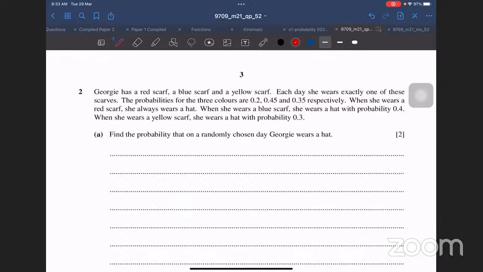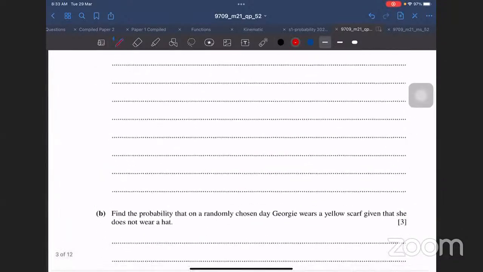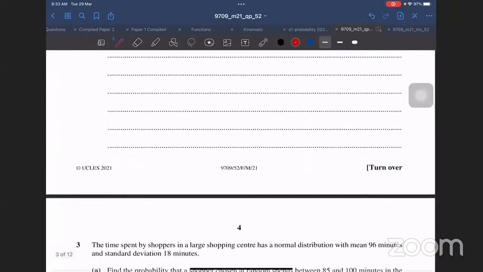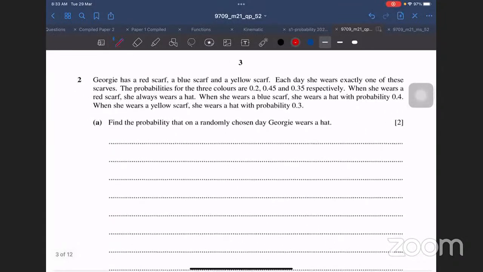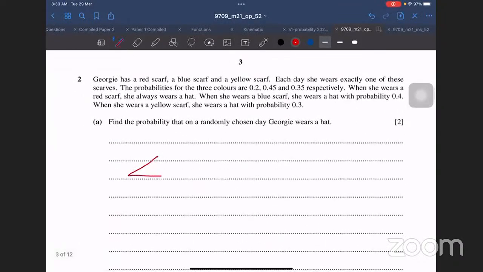When she wears a blue scarf, she wears a hat with probability 0.4. When she wears a yellow scarf, she wears a hat with probability 0.3. It's best that I draw a small tree diagram because I know that there are multiple parts to this question and it's going to be useful if I have a tree diagram right in front of me. Okay. Red, blue, and yellow.